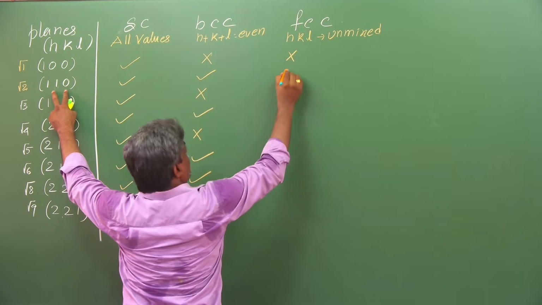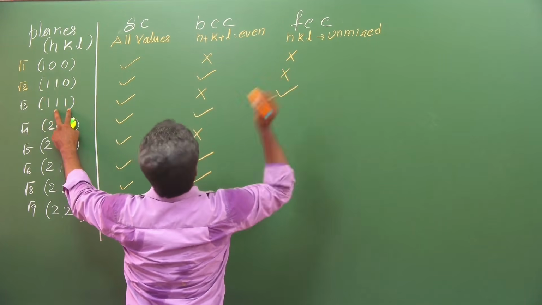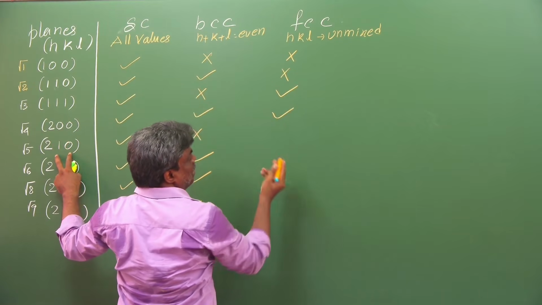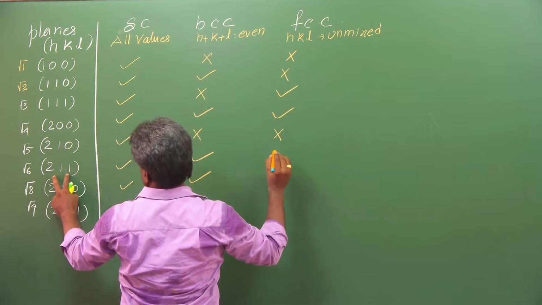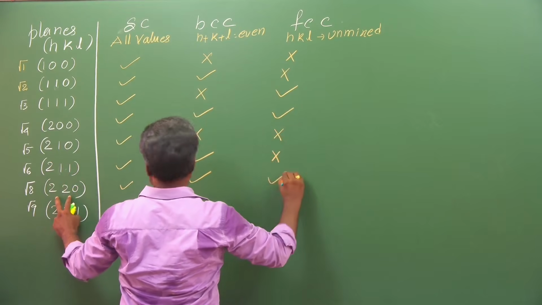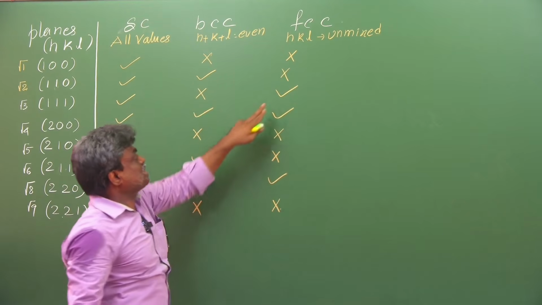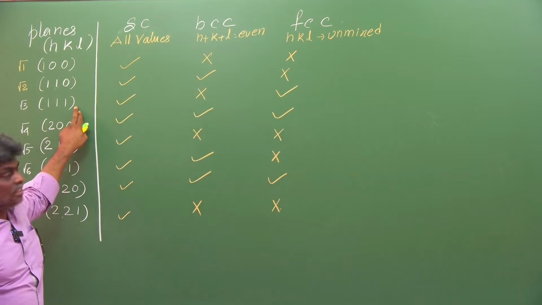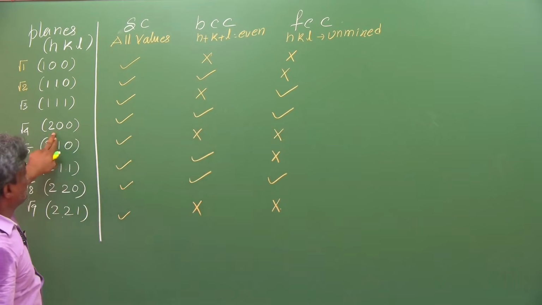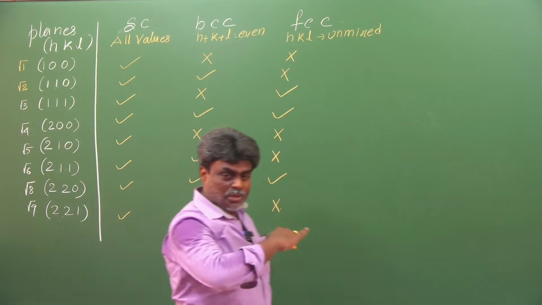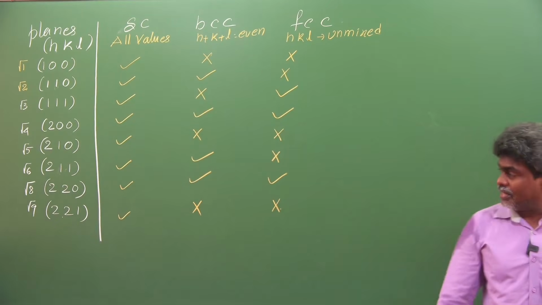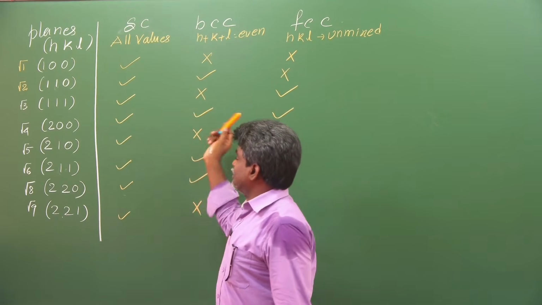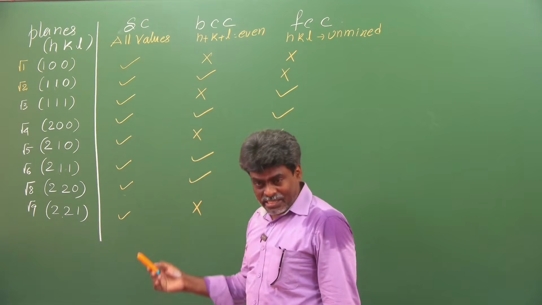Mixed is not allowed. Next, the first Bragg reflected plane in FCC, and the second Bragg reflection plane in FCC. 200 is also Bragg reflected. Similarly 220, something like that. Is that clear?